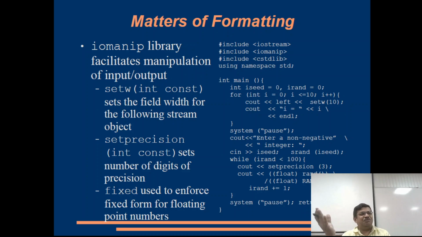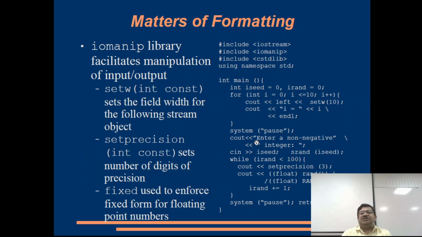That is the way it would be printed. If I wish to make it specific that I want it in complete fixed form of decimal representation, then that fixed format specification will enforce it to be printed as 0.31415, right?